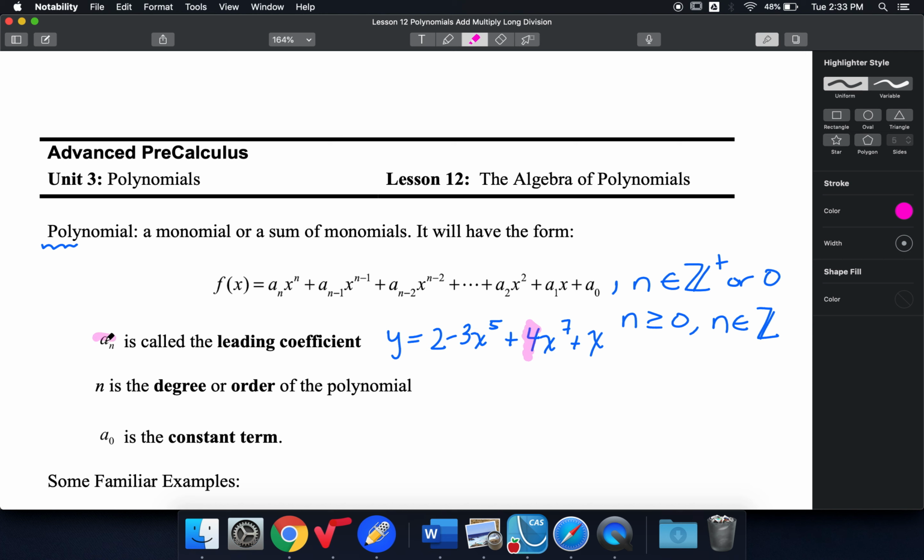So I will highlight a to the n. In this example, n is the degree or order. So my highest exponent, let's make this one teal. In this case, my degree of this polynomial is 7.